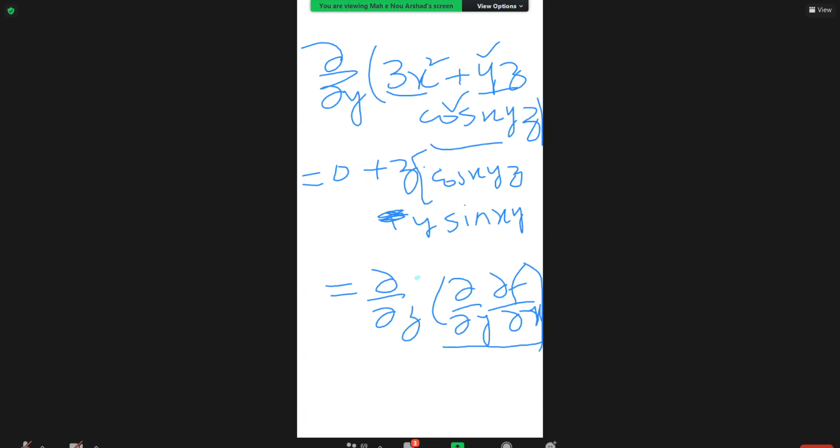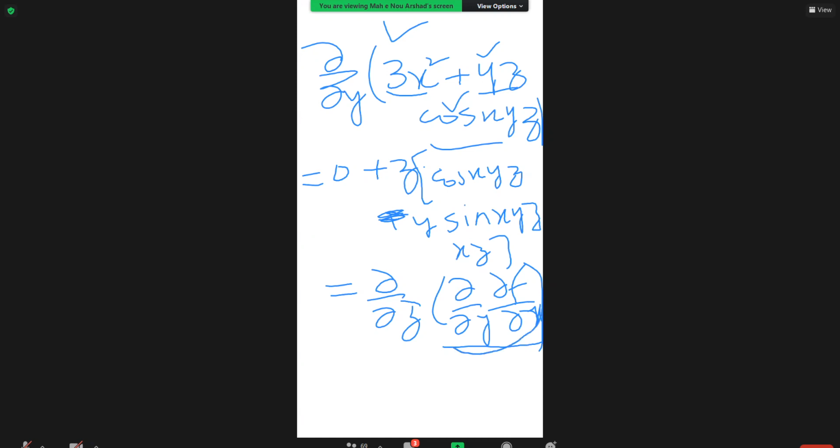So the derivative of xyz will be xz, since the derivative of y is equal to 1. So here is the result of this one. Now what will I have to do? I will again observe the formula which I have computed here.